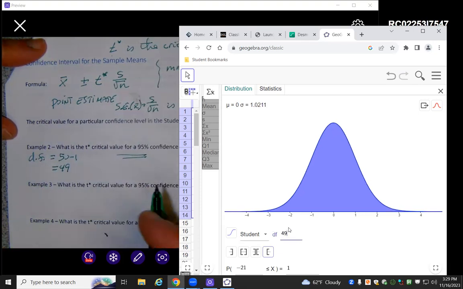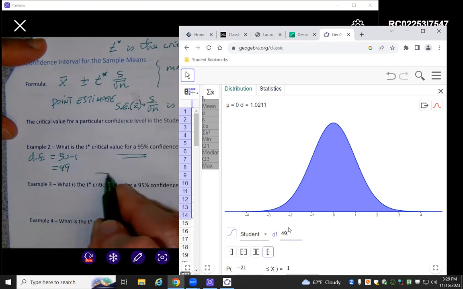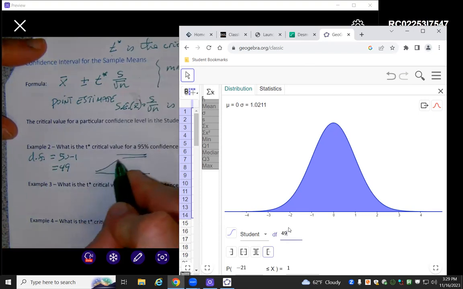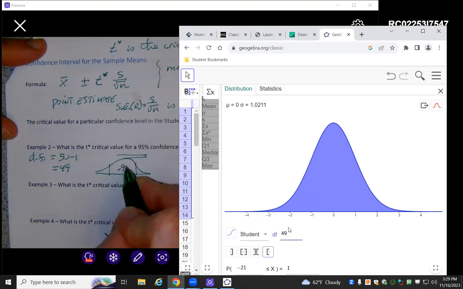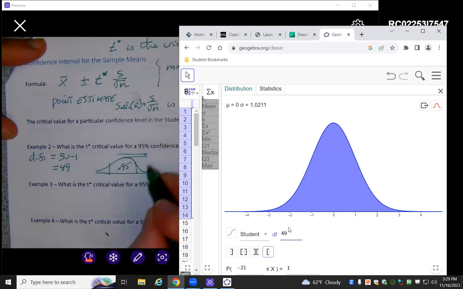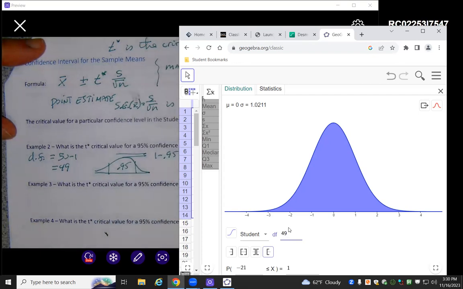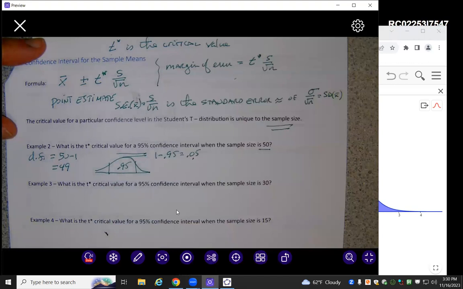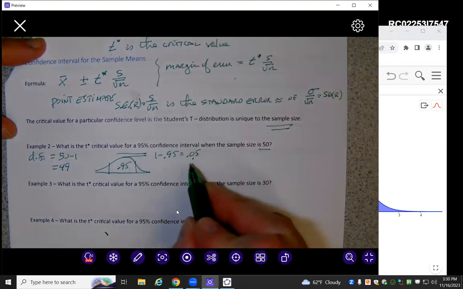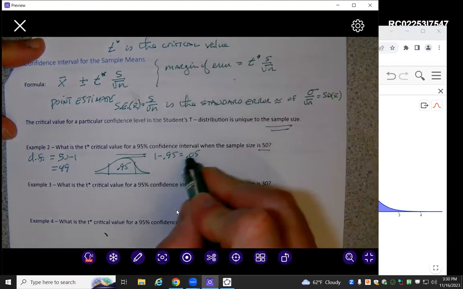Now, I want a 95% confidence interval. So I have to, again, remember how this is going to work and what the 95 means. That means the middle is 0.95. That also means that what I'm leaving behind is 0.05. And that 0.05 is evenly split between the two ends.